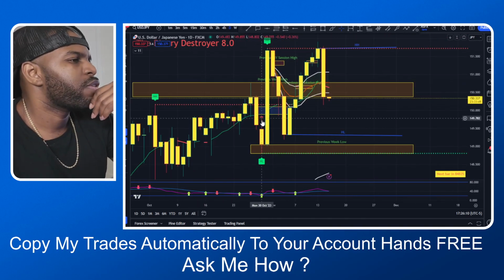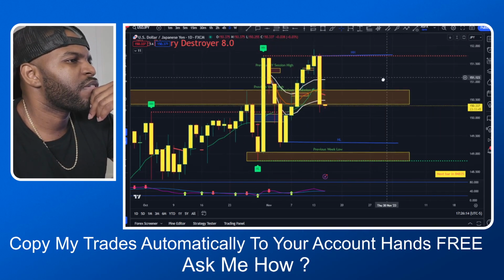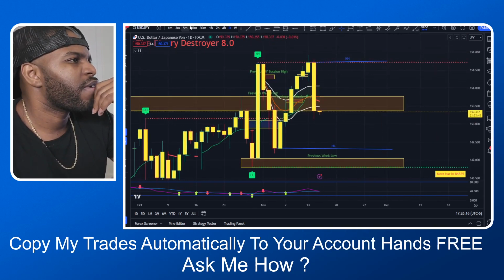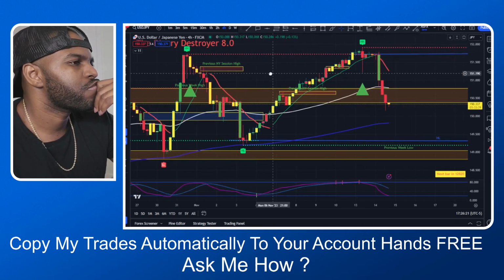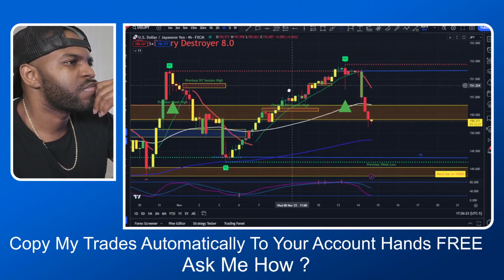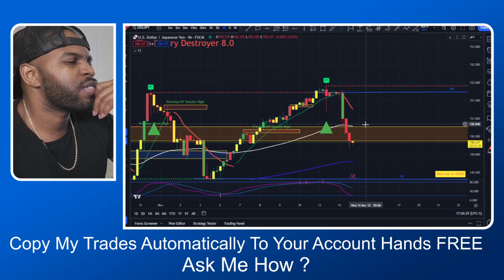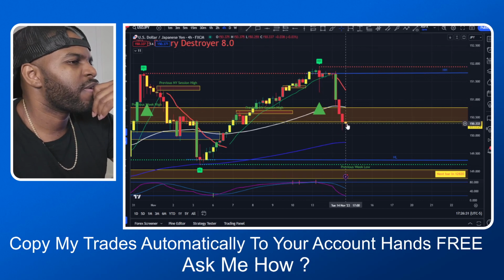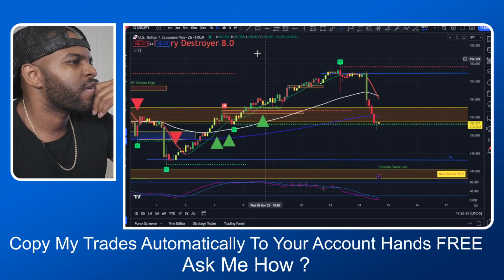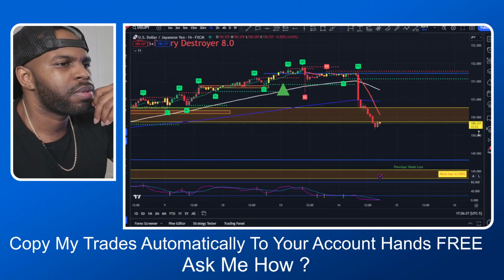So there's resistance here. There is support here. And if we go to the 4 hour here, this could be a rejection here. This could be the next higher low, but we'll wait. We'll go to the 1 hour.